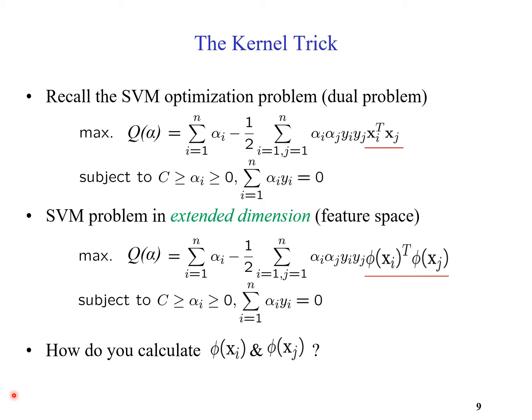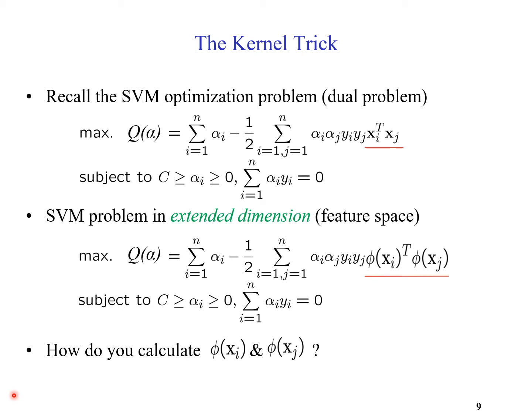In the primal problem, we cannot use the kernel method, but by changing the primal to the dual problem, we are able to apply the kernel method. That is the most important reason why we change the primal problem to the dual problem.